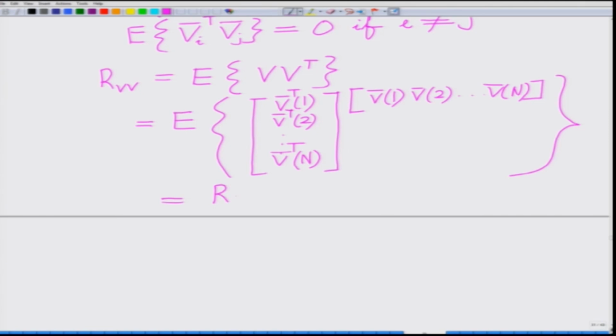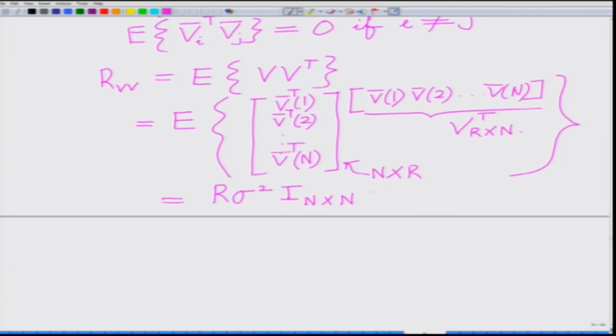So, this will be R sigma square I, but this will be an n cross n identity matrix, because look at this, V is an n cross R matrix, V transpose is R cross n, therefore V V transpose is n cross n.